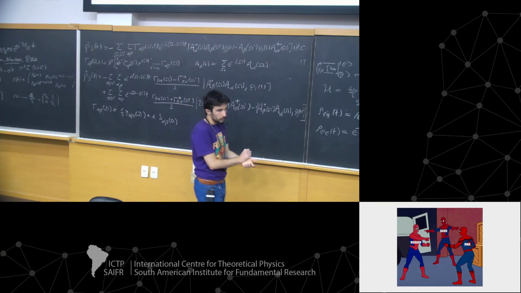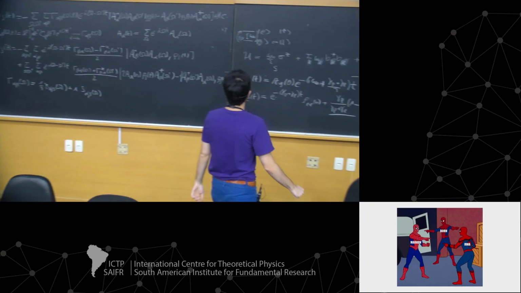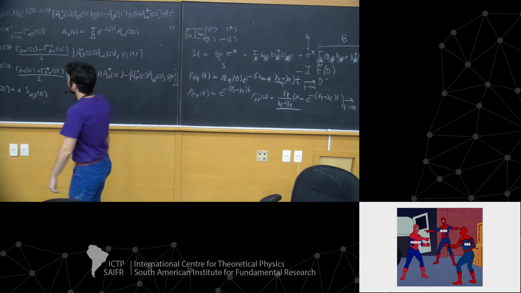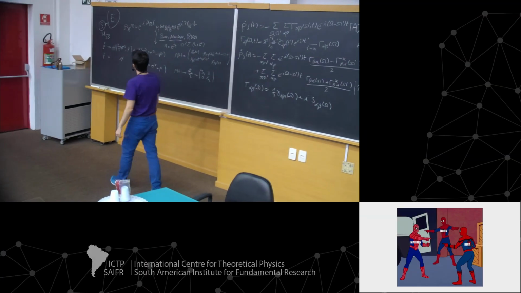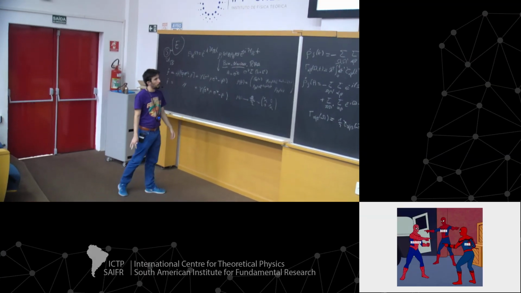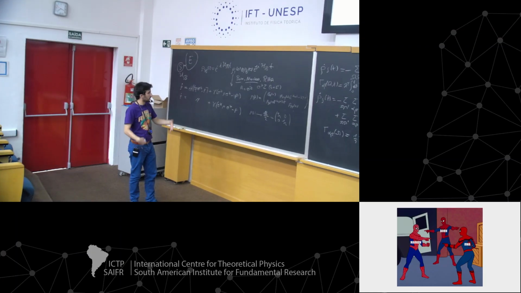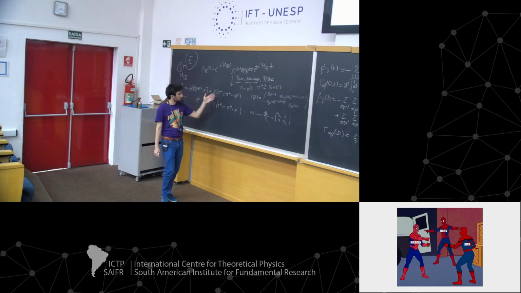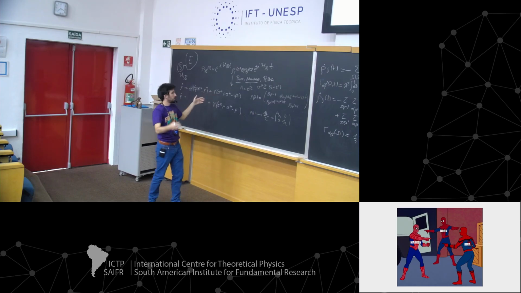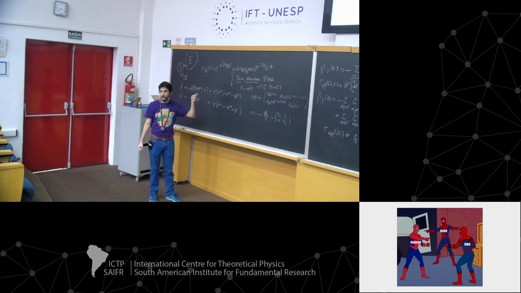Okay. So these are very simple examples, but I guess instructive because they tell you, look, we've seen how thermalization works somehow, and the issue of hermiticity of jump operators.